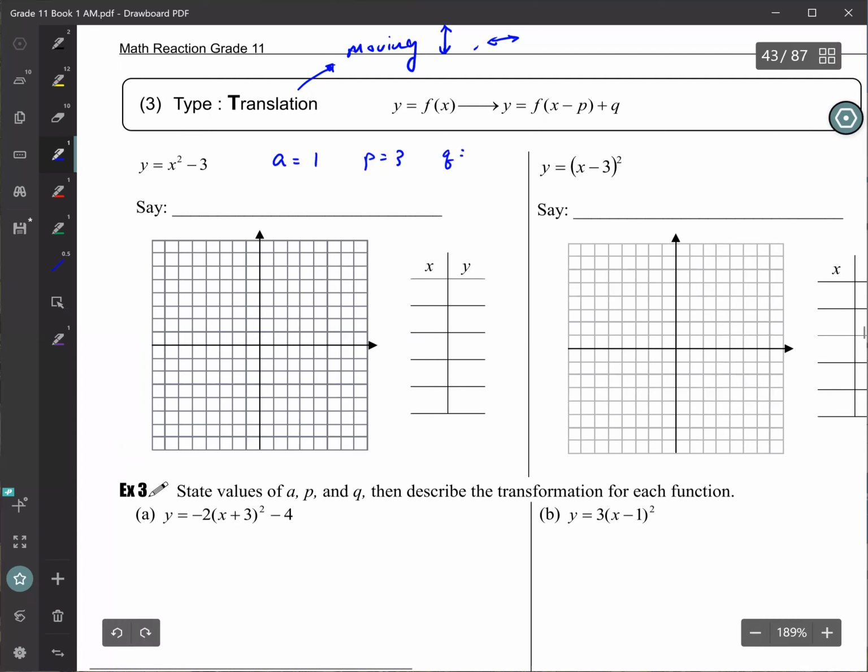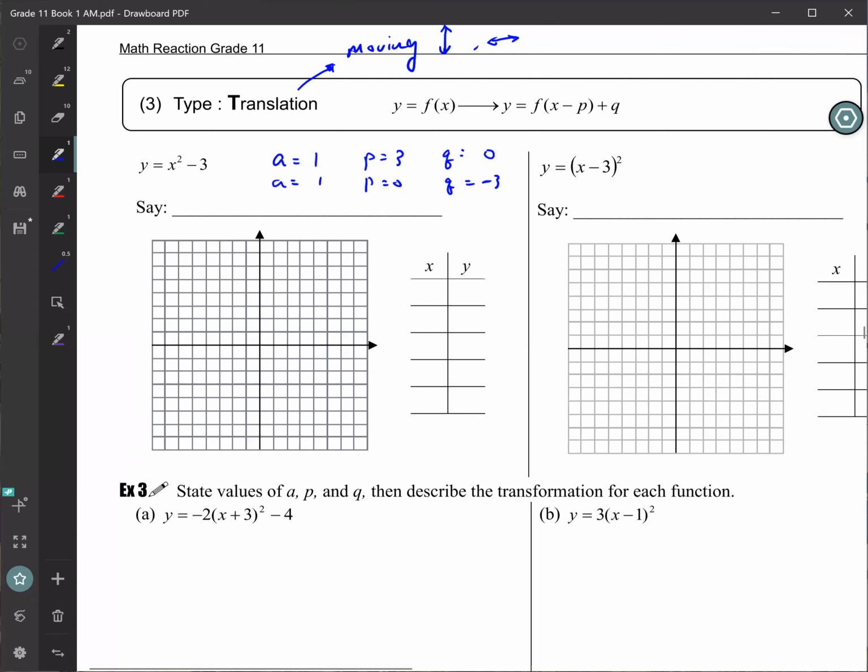And Q is 0. Okay, any other suggestions? Anyone got a different idea here, APQ? A is 1, P is 0, Q is -3. P is 0, Q is -3.